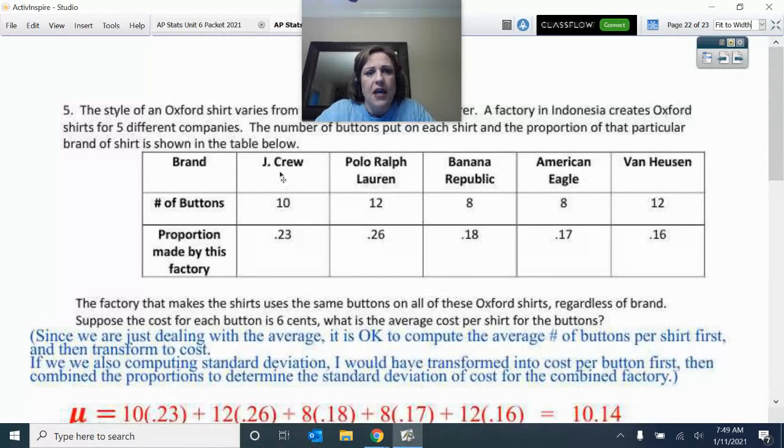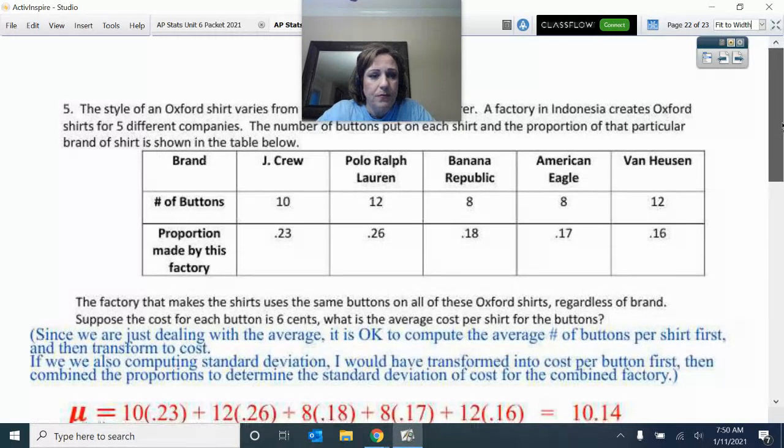First, for the different shirts, they have different numbers of buttons per shirt. And then this factory makes a different proportion of shirts. So 23% of the shirts, 26% of the shirts are Ralph Lauren, 18% are Banana Republic, and so on and so forth.